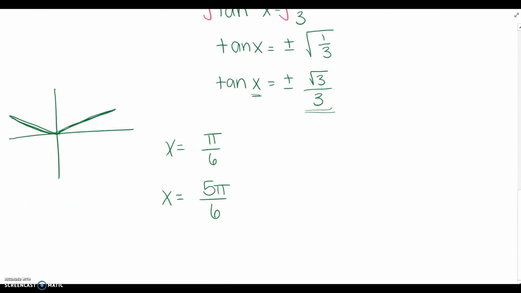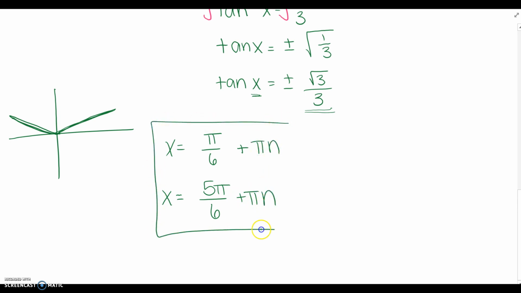Now, the problem is asking us for all values of x, so for all values, it's just going to be plus the period times n. And that's it. So my final answer is pi over 6 plus pi times n, and 5 pi over 6 plus pi times n.